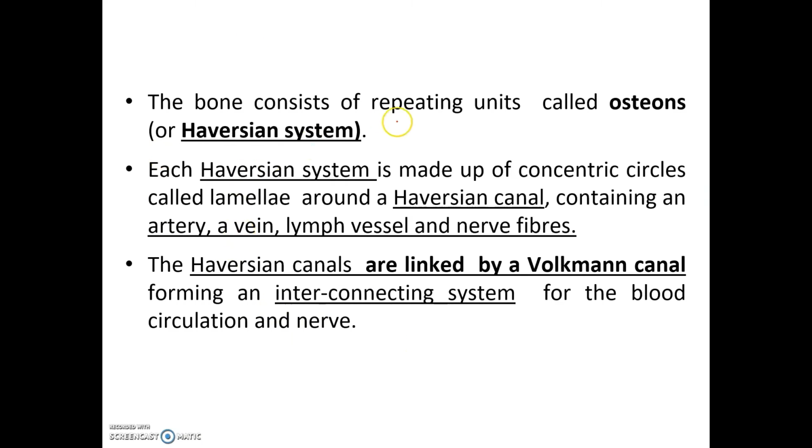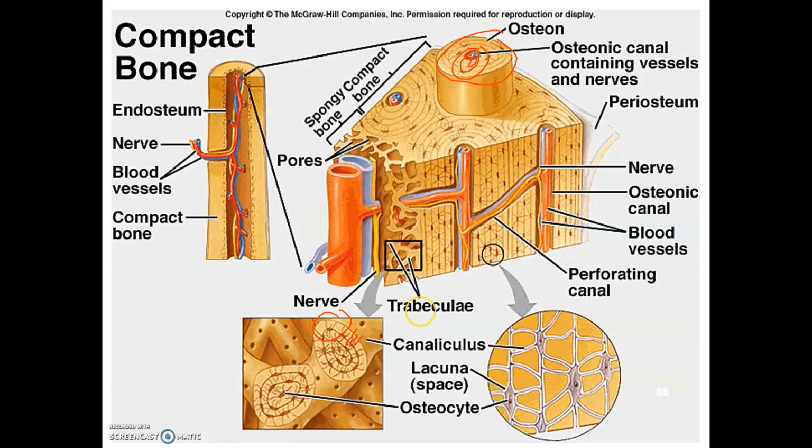Okay, so each Haversian system is made up of concentric circles called lamella, and the center of this Haversian system is known as the Haversian canal, which contains an artery, vein, lymph vessel, and also nerve fibers. In this diagram, you can see the center of the Haversian system is the Haversian canal.